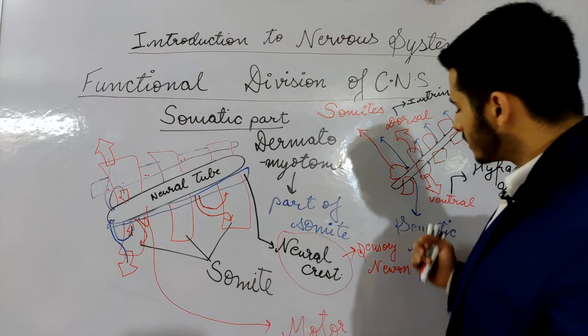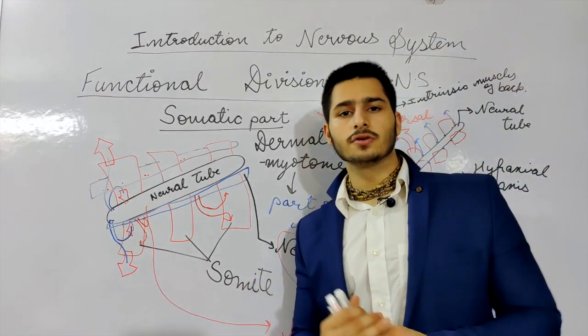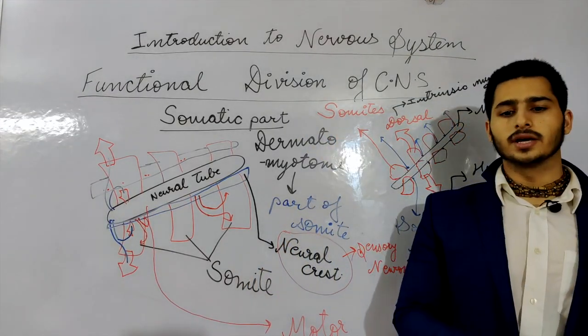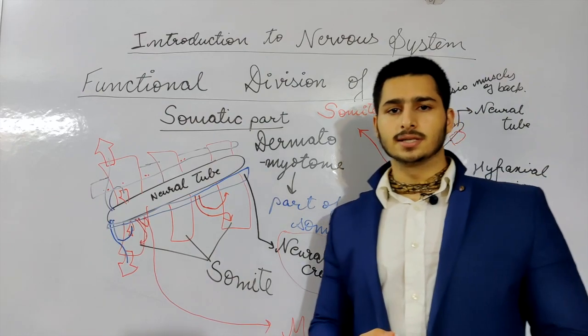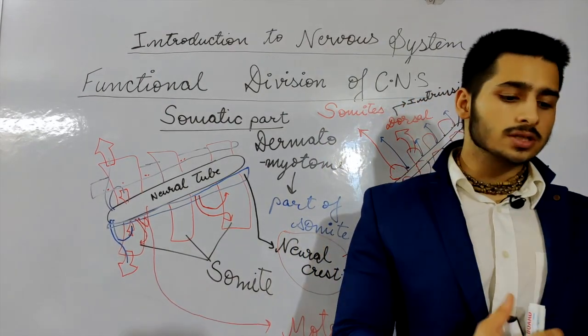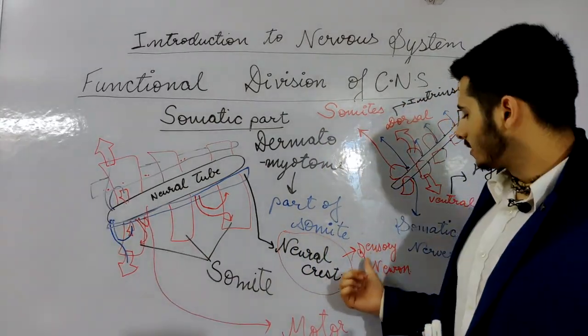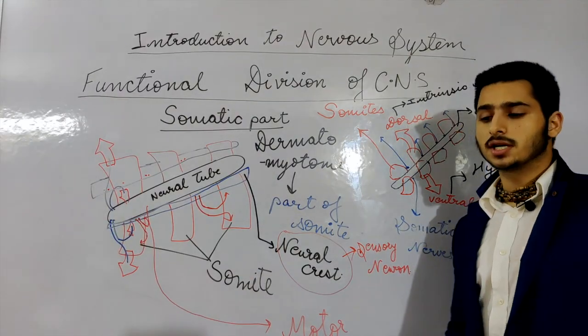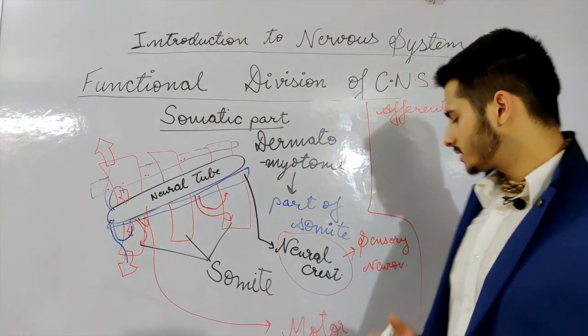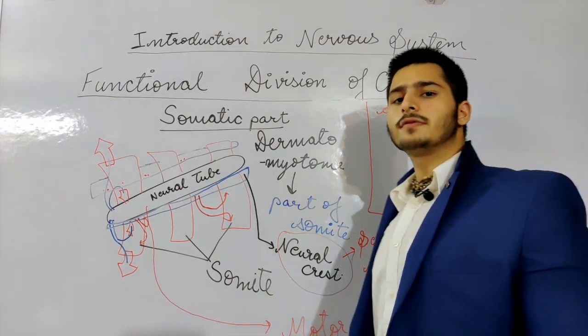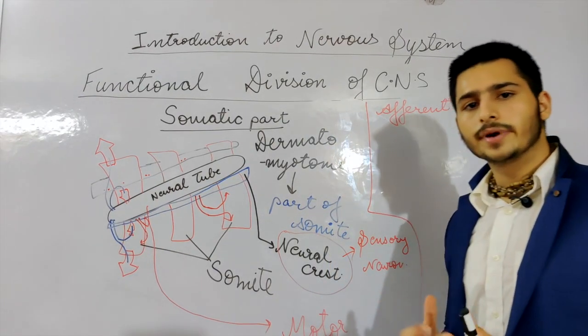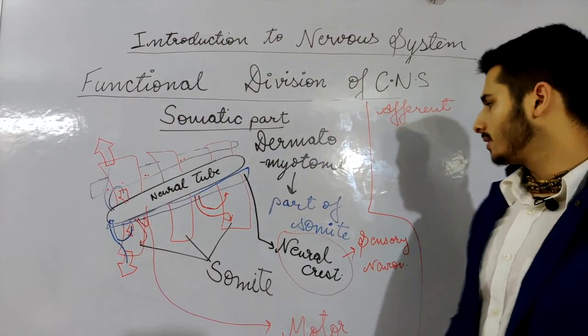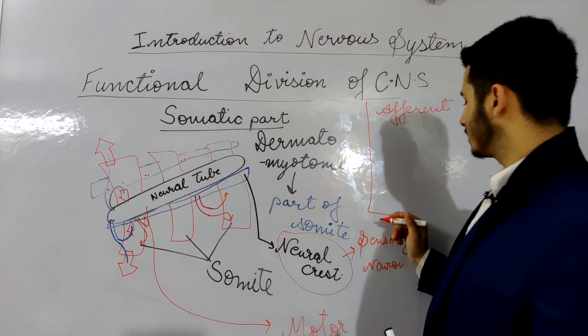Now these sensory neurons carry information from the peripheral regions of the body back to the CNS, and they are known as general somatic afferents.